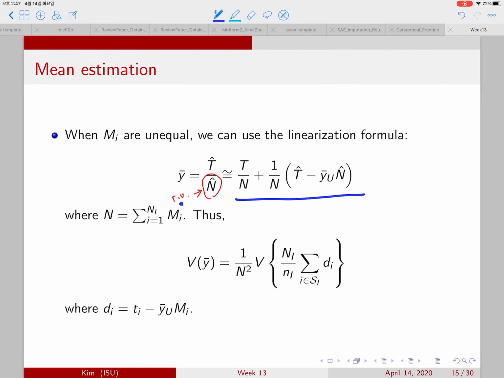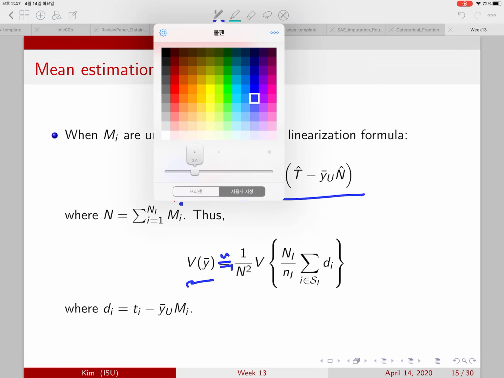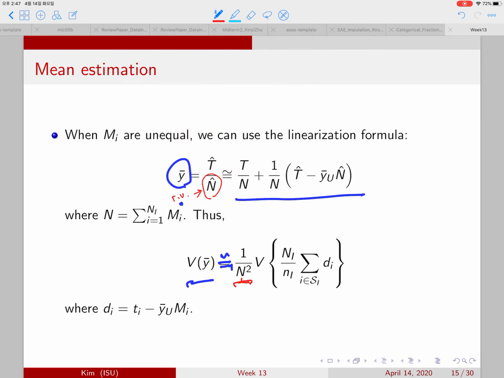So that means the variance of this guy is approximately, so that is approximate equality, 1 over n squared times the variance of this guy. So t hat, what is t hat minus y bar u n hat?